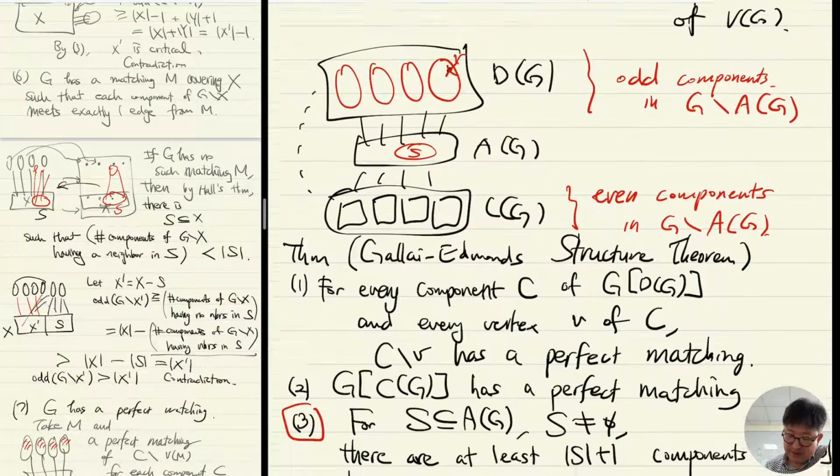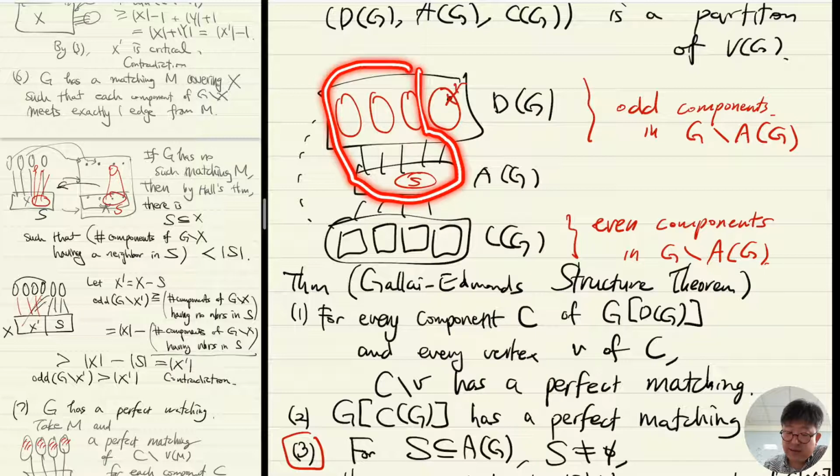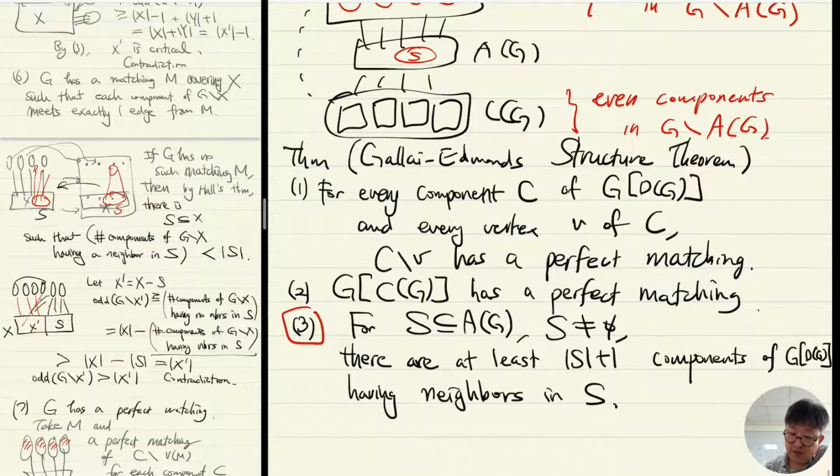Why is it useful? Later, let's say I pick this vertex to be avoided. So that means when I find the matching between A(G) and the other components, I don't want to use this component, because I declare that this is the vertex that I want to avoid by a maximum matching. So I delete this component from the graph. Then in the remaining, I want to find the matching between A and these remaining odd components, and the matching has to cover A. And how do we guarantee that?